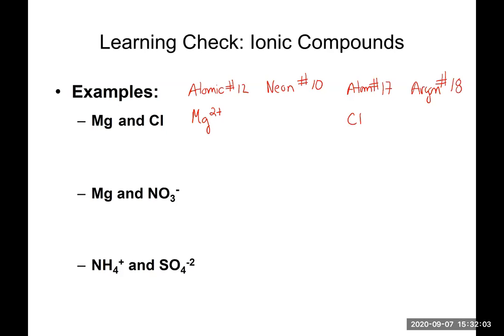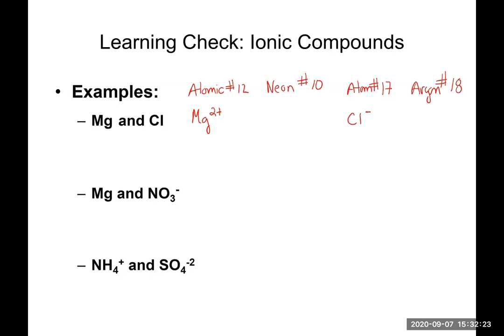So in order for chlorine to get the electron configuration of argon, it's going to have to gain 1 electron. If it gains 1 electron, it's going to have an oxidation state of -1 when it's getting involved in a reaction with another species.